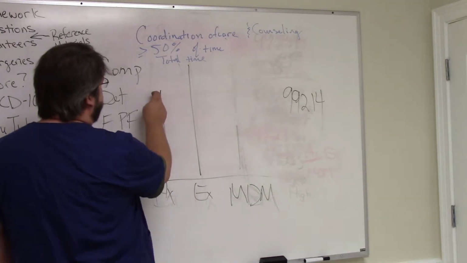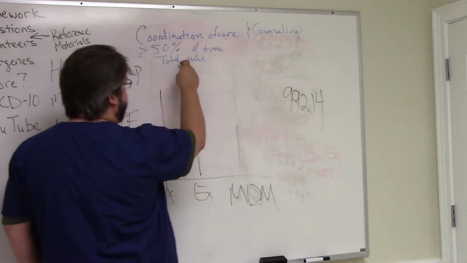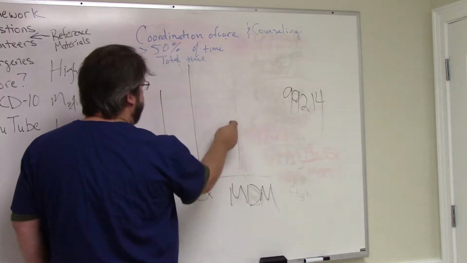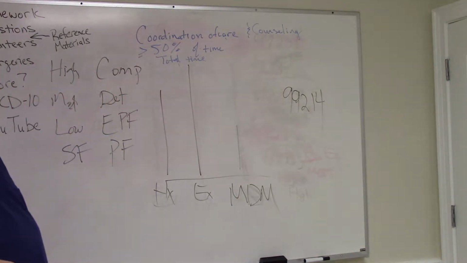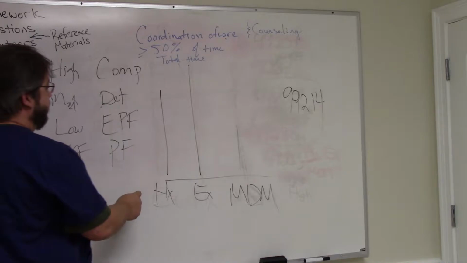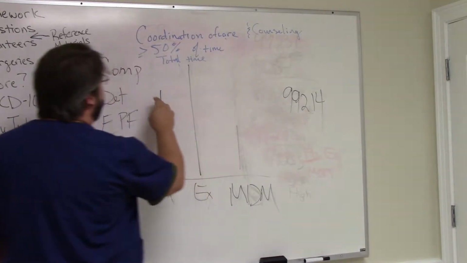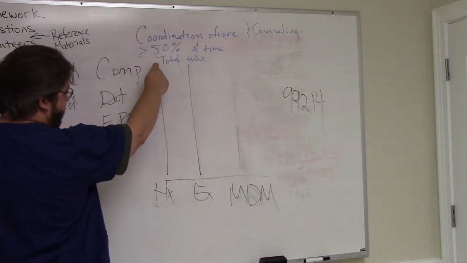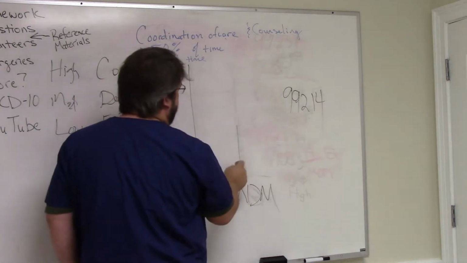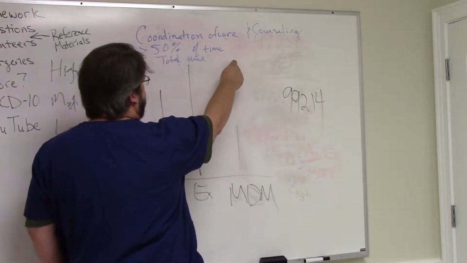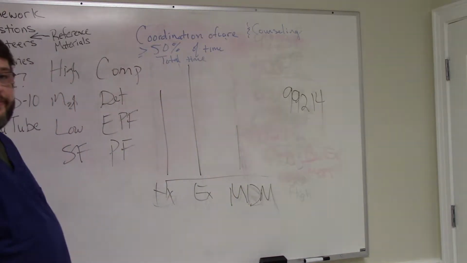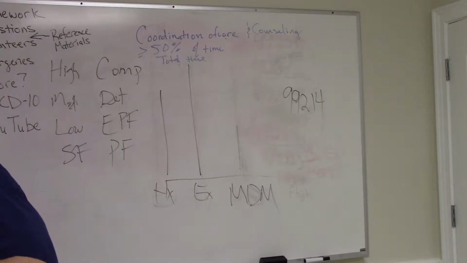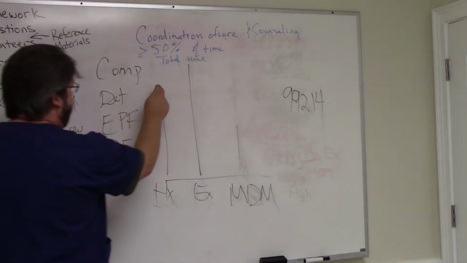The history was detailed, the exam was comprehensive, and the MDM was low. So for the 99215, we'd have to either bump this to comprehensive or this to high. So it's the 99214 because it's a detailed history and a detailed examination.